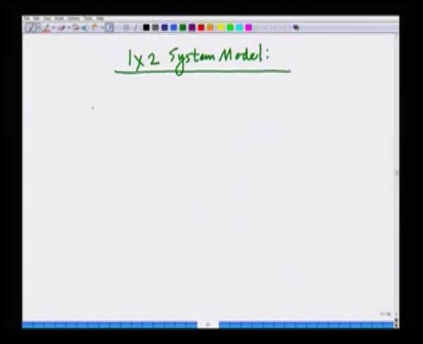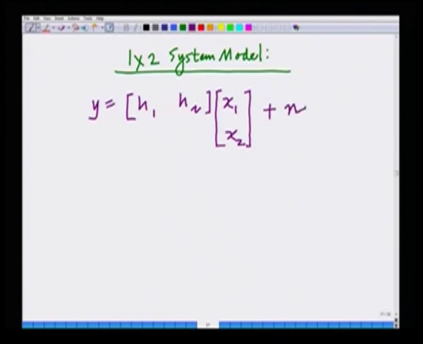the received symbol y equals H1 H2, which is my 1 cross 2 system, times x1, x2, plus n.